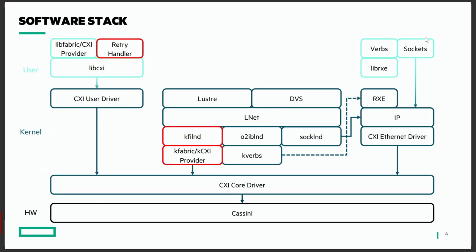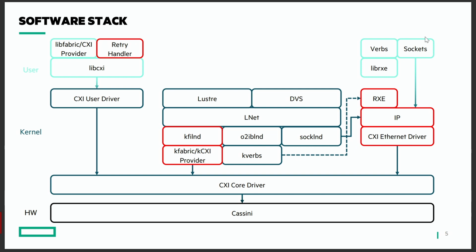This is just a little picture showing the software stack. What's kind of interesting about this is, because we support Ethernet, we not only can run KFILND using the HPC protocol for that native performance, but we can run SOCKLND as well.